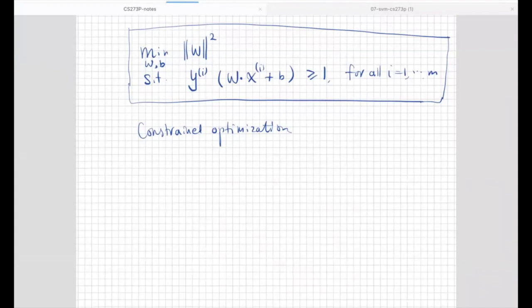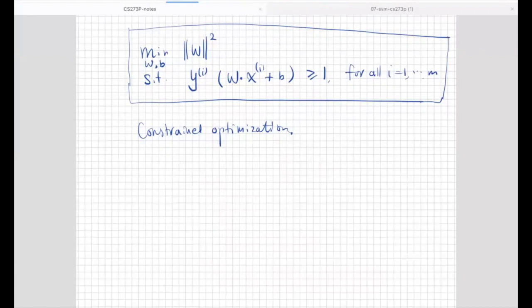So the problem here is much harder to solve than the unconstrained optimization problem. For instance, you cannot naively apply gradient descent to this problem, because the gradient of your loss function, or the objective function here, may violate those constraints once you update it. That's not good, because the constraints are not satisfied.